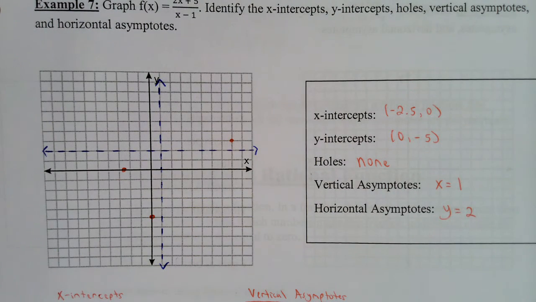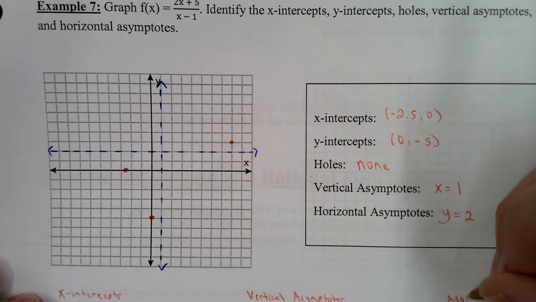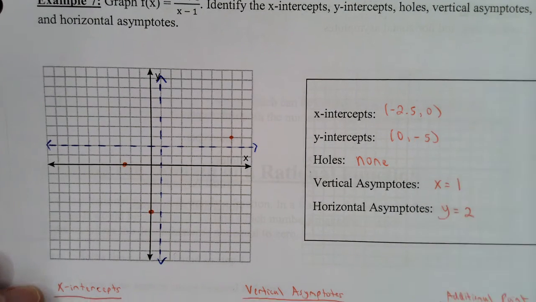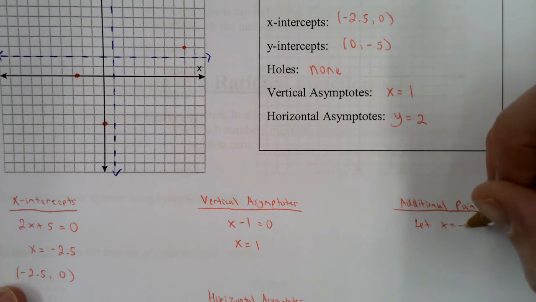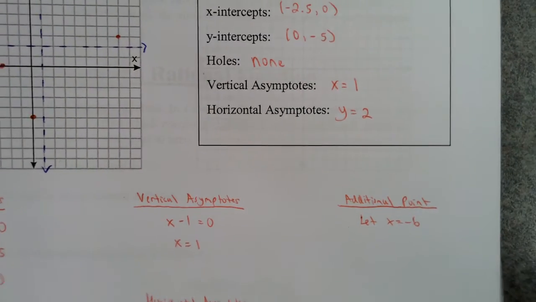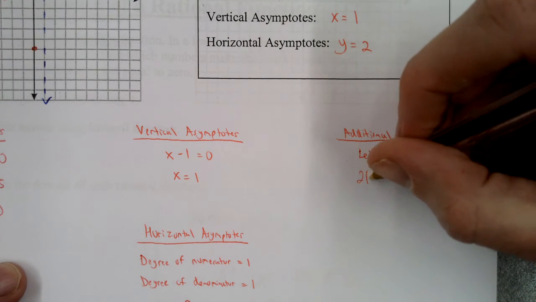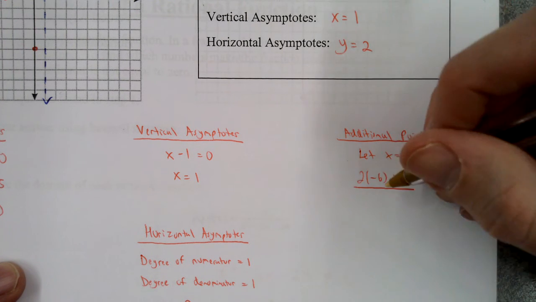Let's do some more additional points. I'm going to go with x equals negative 6. You want to be smart with how you pick these. Don't pick anything on an asymptote, of course. Let's do x equals negative 6. So 2 times negative 6 plus 5 from the original problem over negative 6 minus 1.